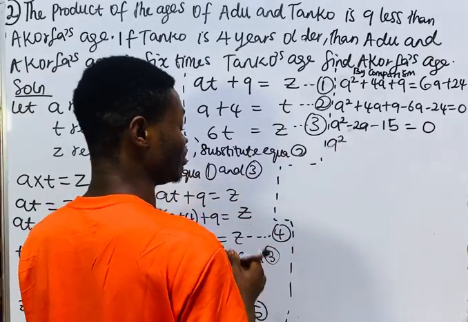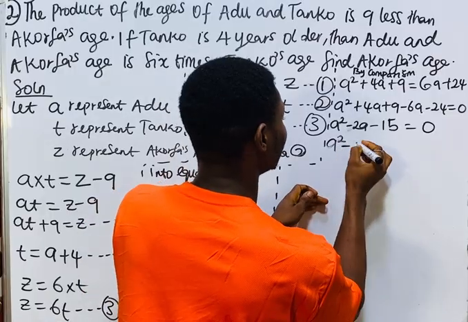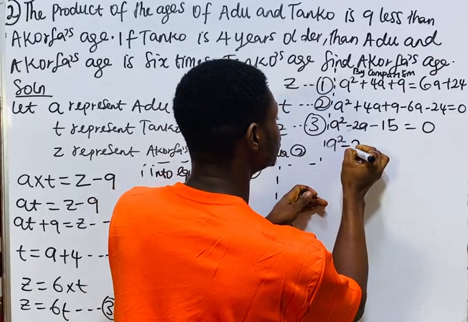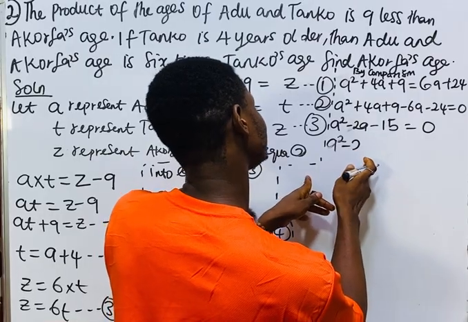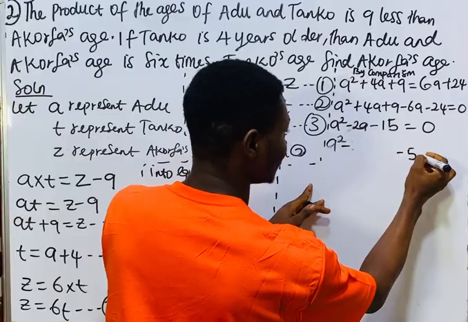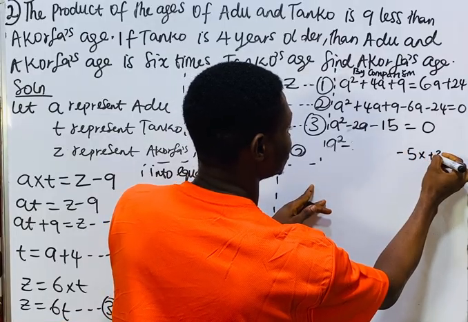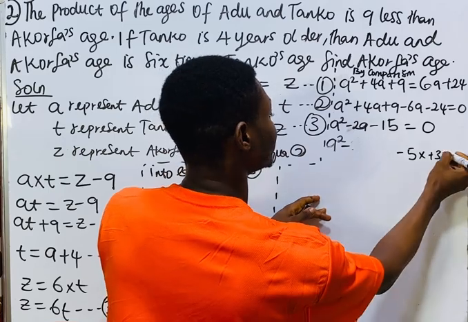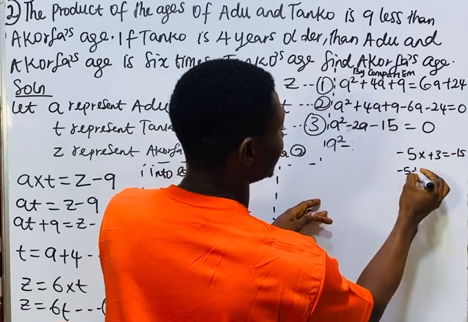We use splitting the middle term. Let's check minus 5 times plus 3. What will it give us? It will give us negative 15, right? So let's check minus 5 plus 3.